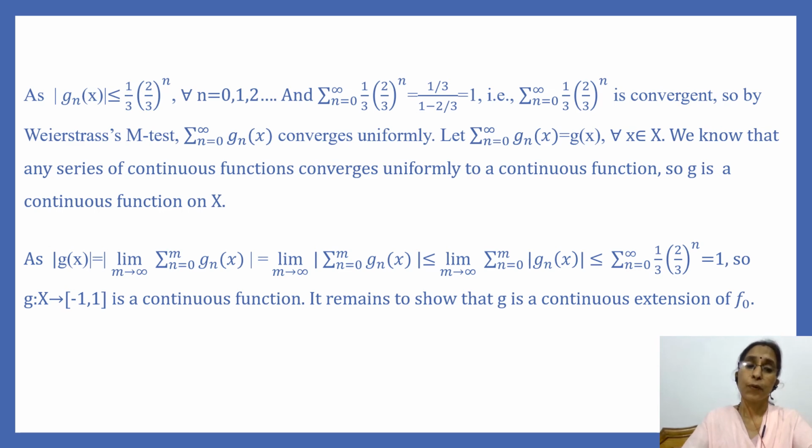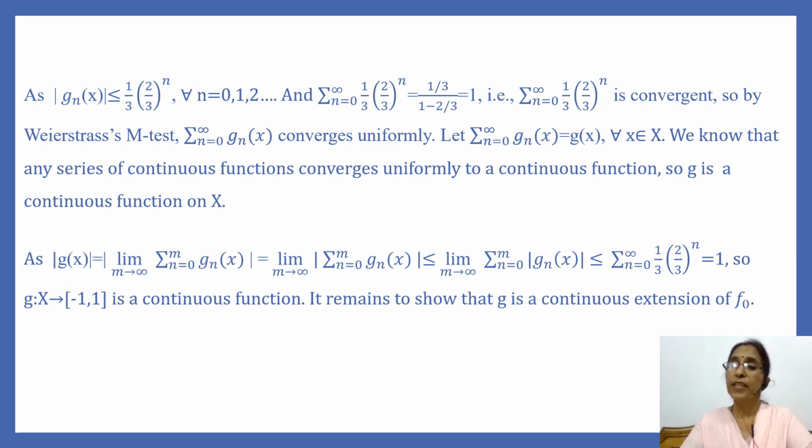And as |g(x)| is equal to the absolute value of the limit as m tends to infinity of the summation n from 0 to m of g_n(x), and because the modulus is a continuous function, the limit can be taken outside, and this is less than or equal to the summation n = 0 to infinity of |g_n(x)|, which is less than or equal to the summation n = 0 to infinity of (1/3)(2/3)^n, and this sum is 1.